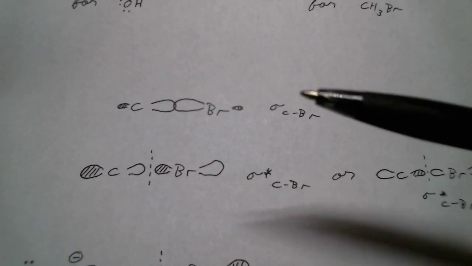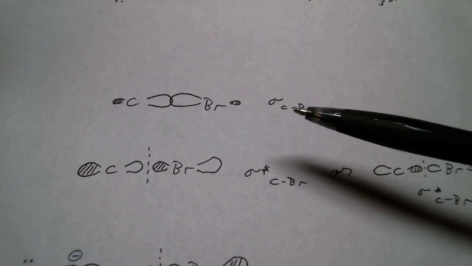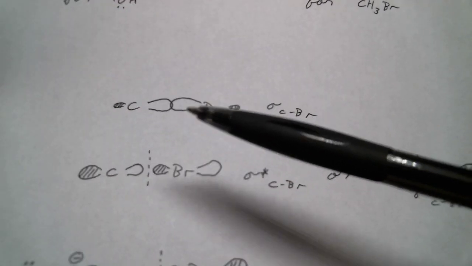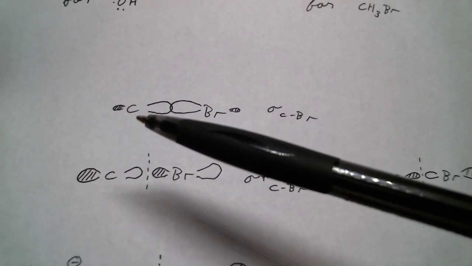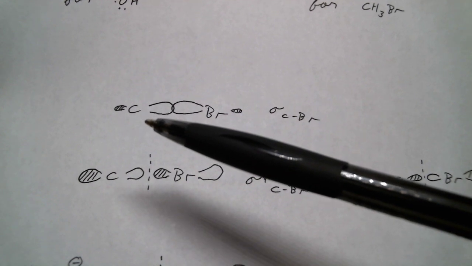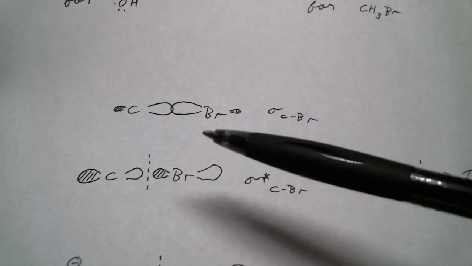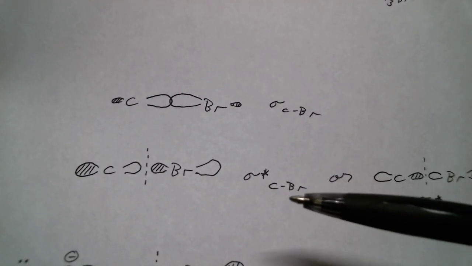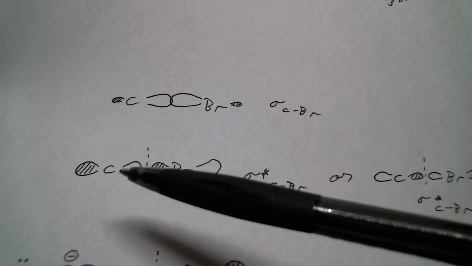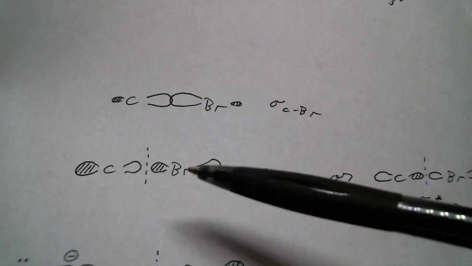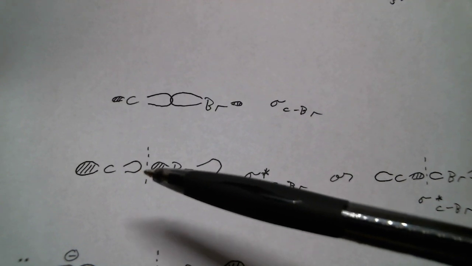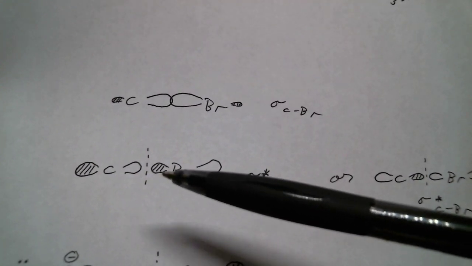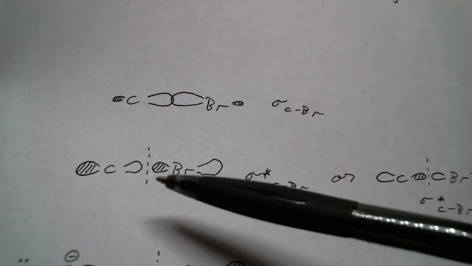So there we go. This is what we're symbolizing. This is the sigma bonding carbon-bromine molecular orbital, obviously where the lobes are, an sp3 hybrid overlapping with our 4p-like lobe. Here is the sigma star antibonding carbon-bromine molecular orbital, and we have a light phase lobe between the carbon and bromine nucleus, and it is confronting a dark phase lobe on the bromine, and so we can't overlap oppositely phased lobes.